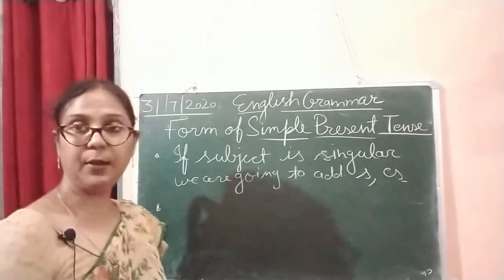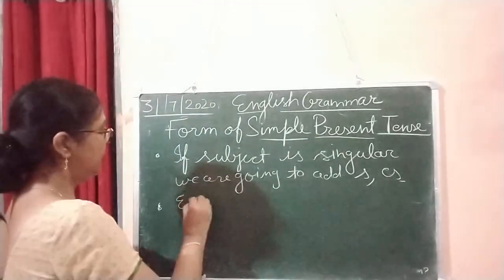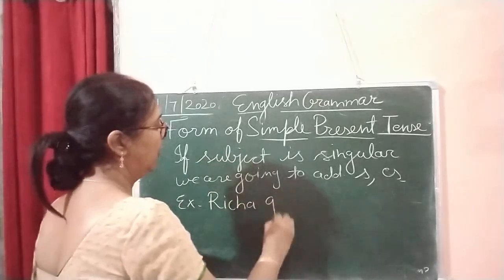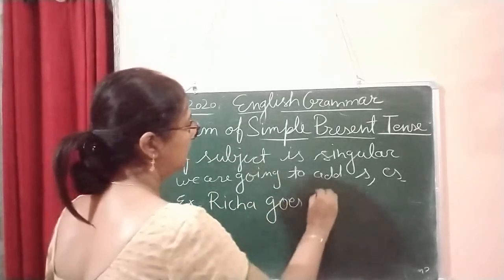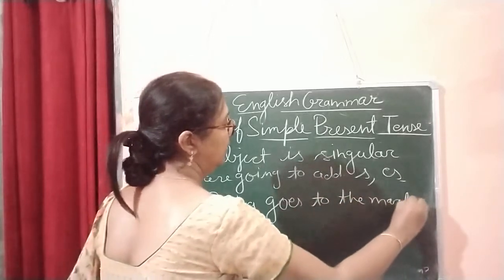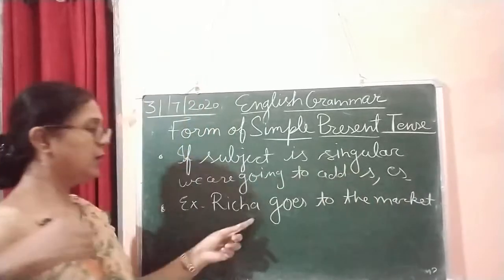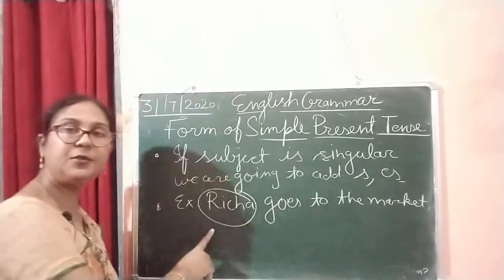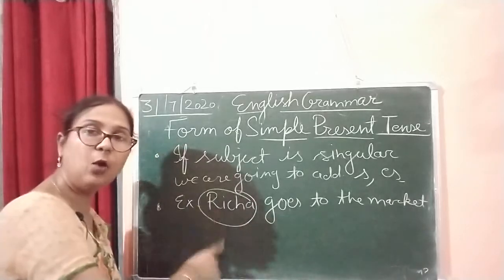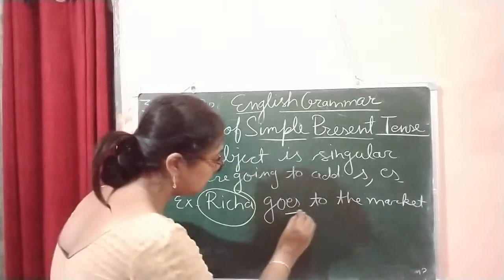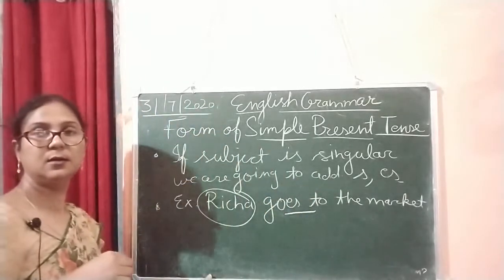Now, for example, Richa goes to the market. Here you can see Richa goes, because this is singular. The subject is singular over here, the noun is singular over here. That is why we have used ES.